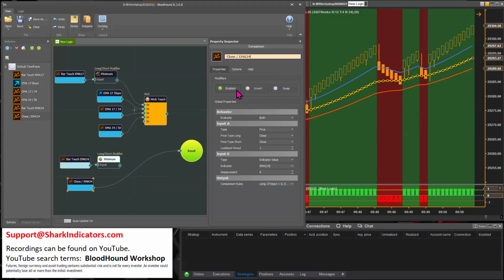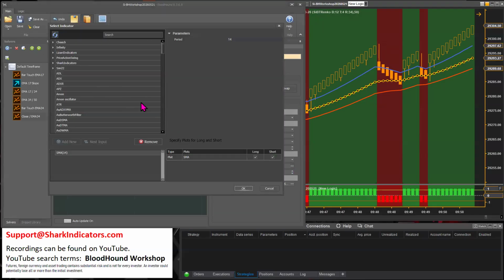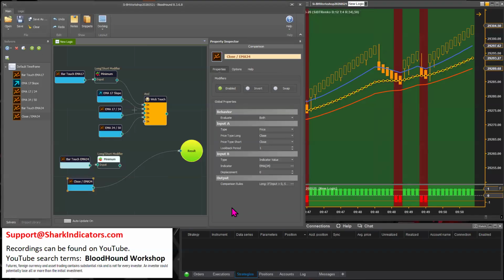There we go. All right, so input A is the closing price. Input B will be the EMA 34.